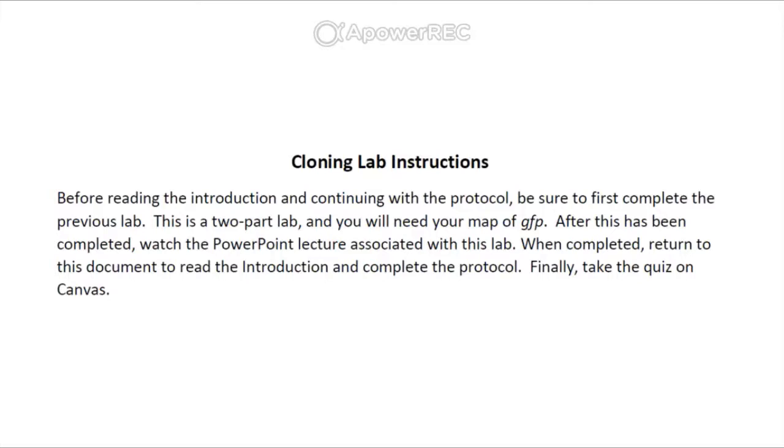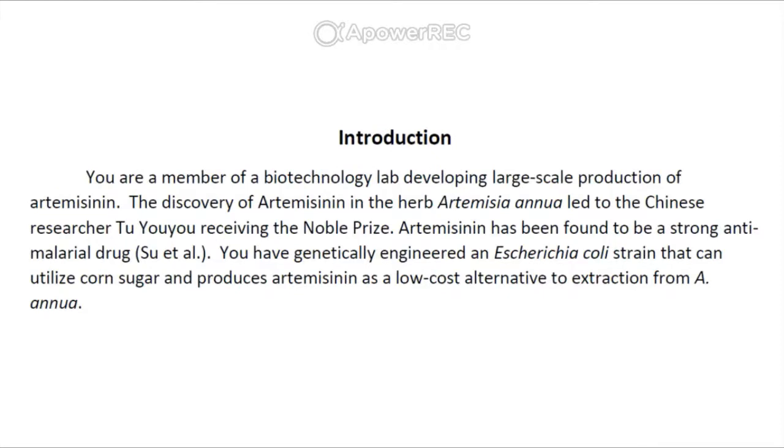So this is your cloning lab instructions. Here it just tells you that it's a two-part lab. You're going to use that map of the GFP you made in SnapGene, and you're going to continue using SnapGene for this lab to simulate your cloning techniques. And then when you're all done, you can take the quiz.